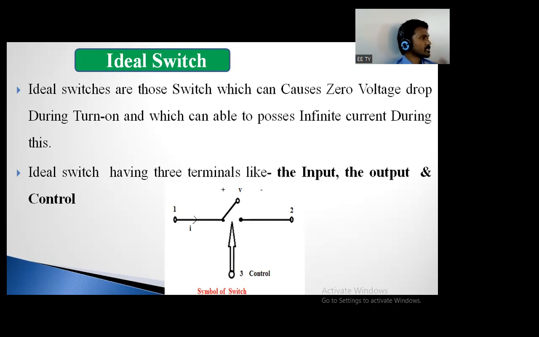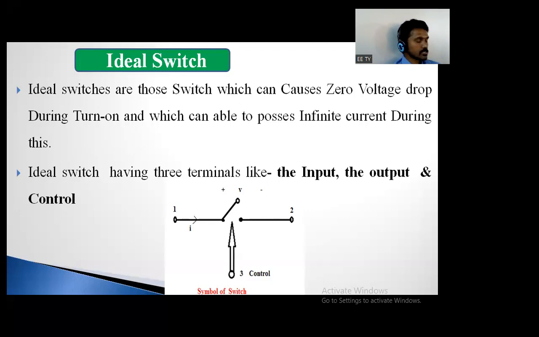Clear? So when the voltage is controlled, the back EMF is controlled. If the back EMF is controlled, ultimately it will affect the speed also because it is directly proportional. So whenever we get 100 volts as output from the switch, the load is also operated accordingly. If the voltage decreases, the speed of the DC motor also decreases.